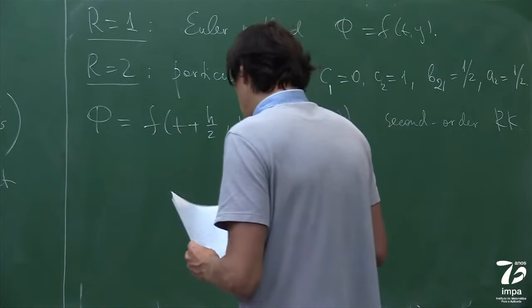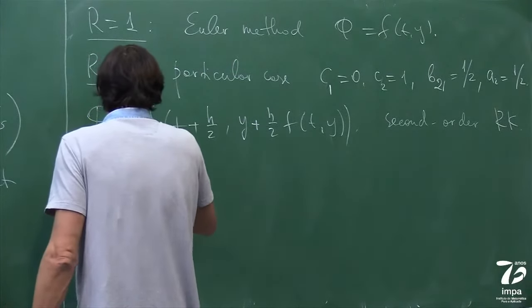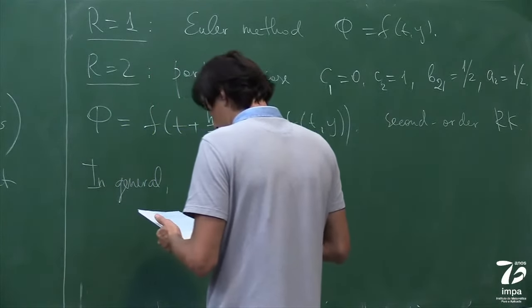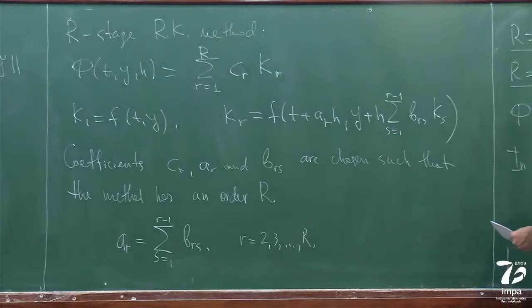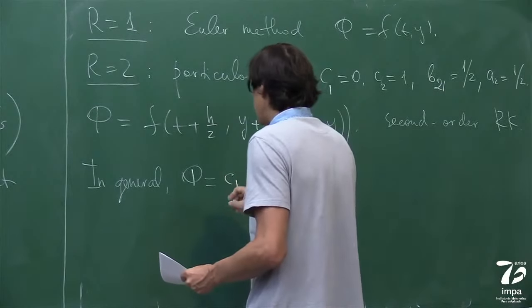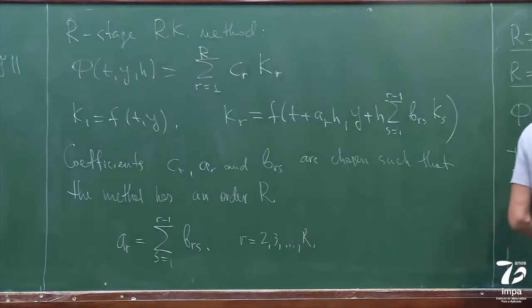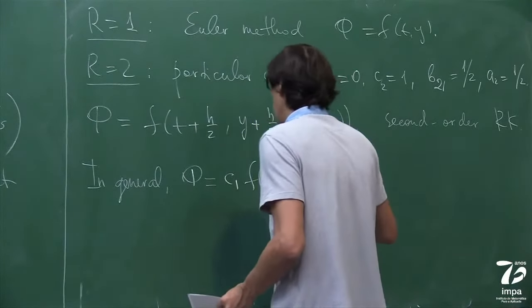In general, this expression gives you two terms: first with coefficient C1 by K1, plus C2 by K2.